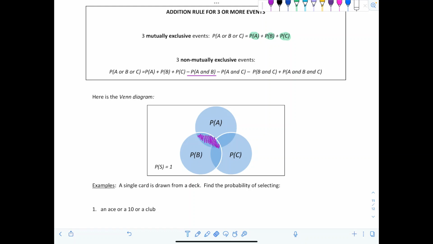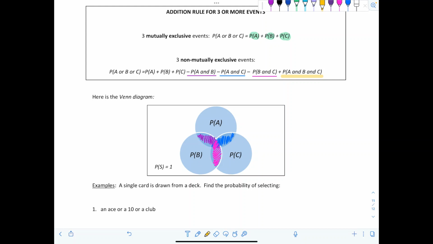And then we subtract the probability of A and C, which would be this entire region right here. And then lastly, we subtract probability of B and C. So then we subtract this portion now. We have to add back the probability of A and B and C, which is this.